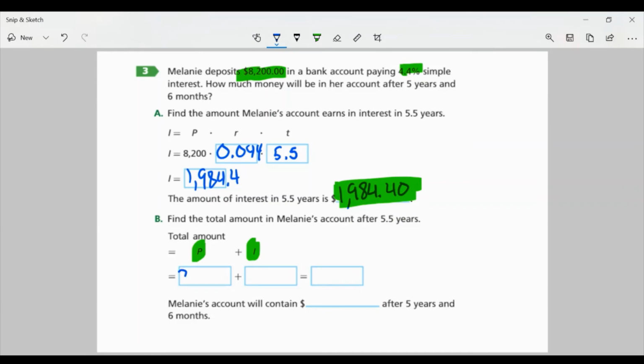So I have 8,200 plus $1,984 and that's going to equal $10,184.40. So that means Melanie's account will contain $10,184.40 after 5.5 years.